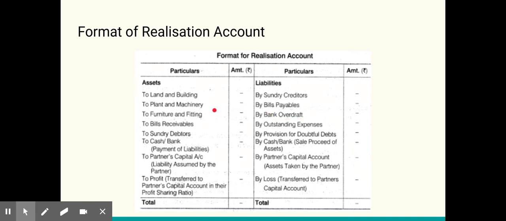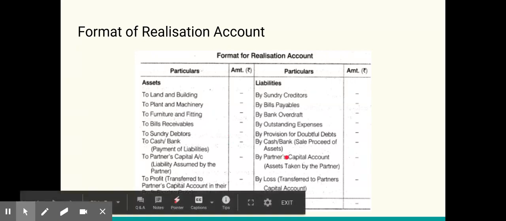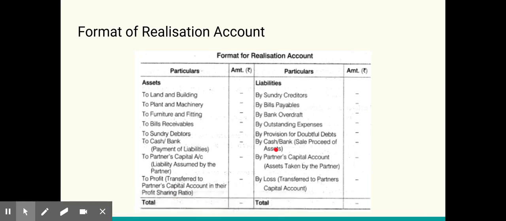Then, after transferring the assets and liabilities, the assets should be disposed. The assets should be sold out. Then, when you sell the assets, you will get sale proceeds of assets. When you realize the asset, the journal entry is cash or bank account debit to realization account.